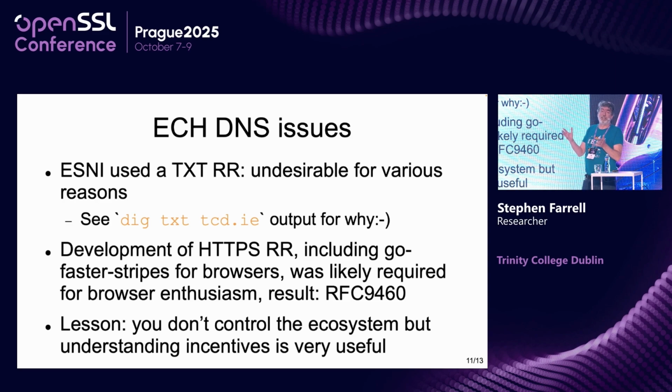The issue is that we're asking clients to do three things: look for an A, a Quad A, and an HTTPS resource record, and the answers may arrive at different times. So clients will always have some issues, and it's never going to be 100% reliable and bulletproof. ECH does work, but it also might not work.